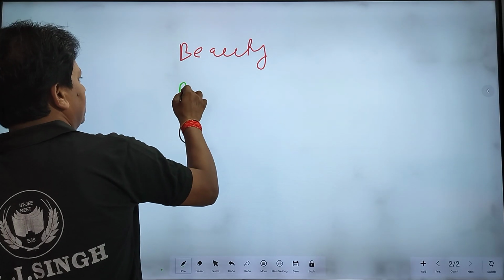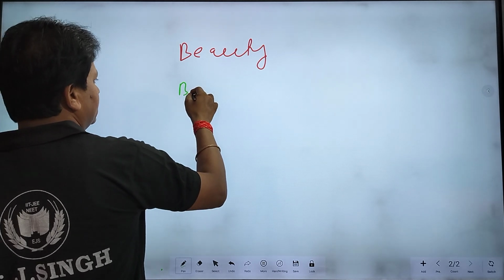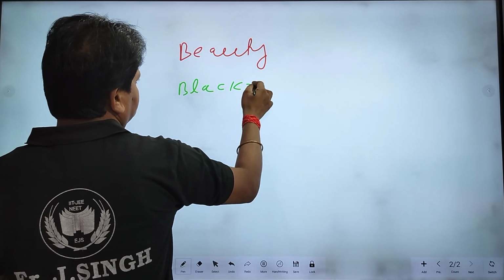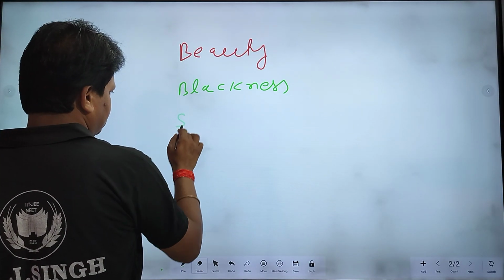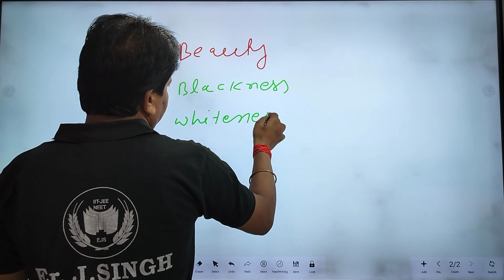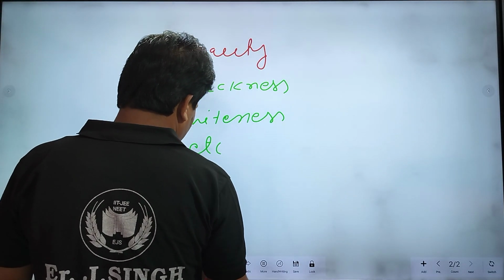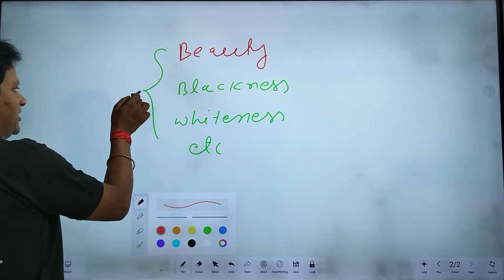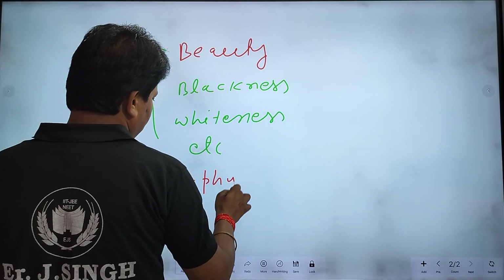You can never measure blackness, sweetness, whiteness, etc. These quantities are called non-physical quantities.